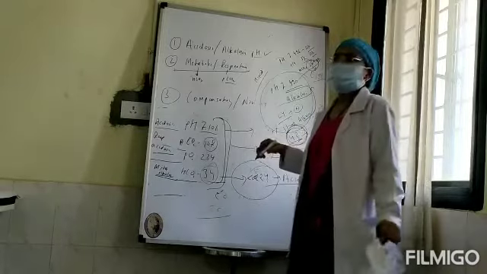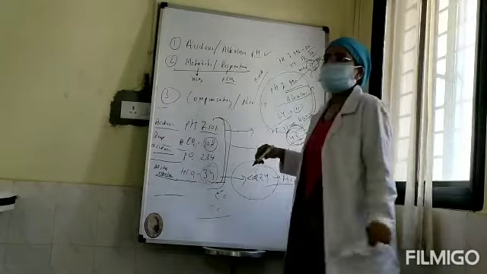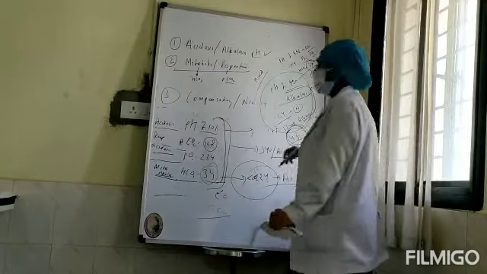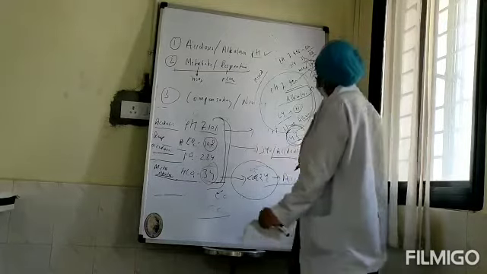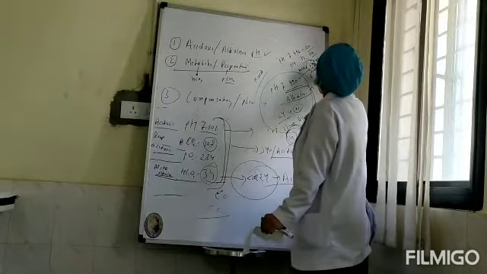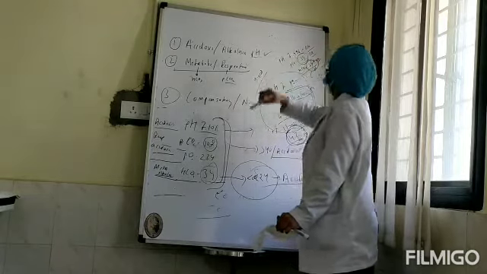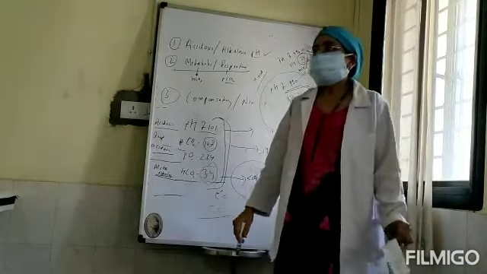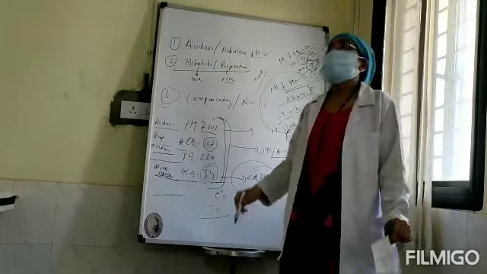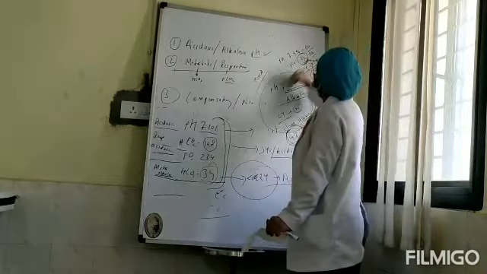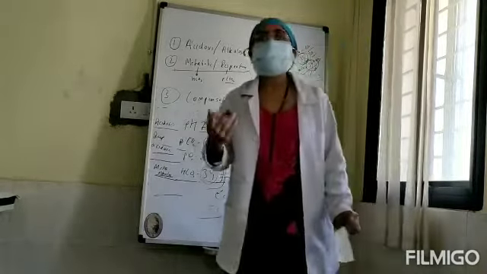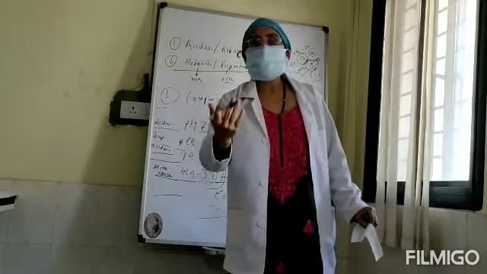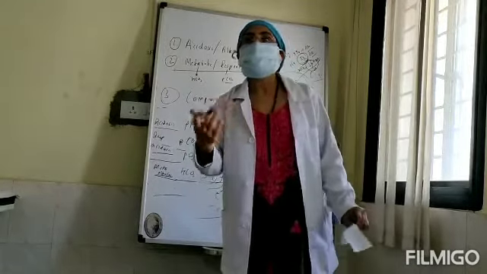So 26 plus 13 is 39, plus 8, 47. 47 plus minus 2, 45 to 49. So this is 34, which is less, which means what? Slightly more compensation. Slightly overcompensation. He is breathing faster than normal.